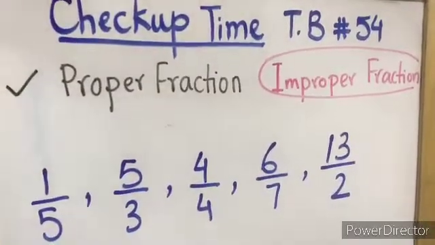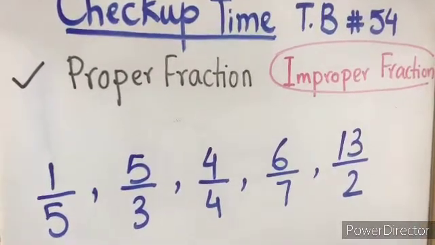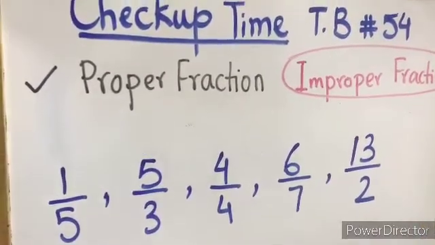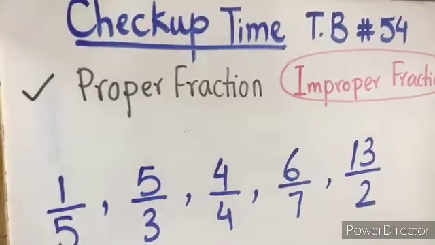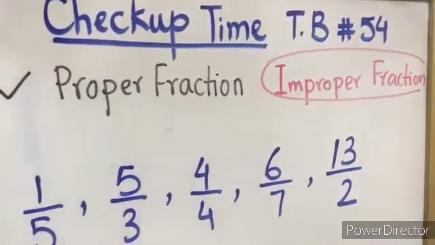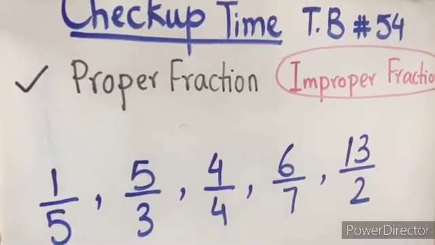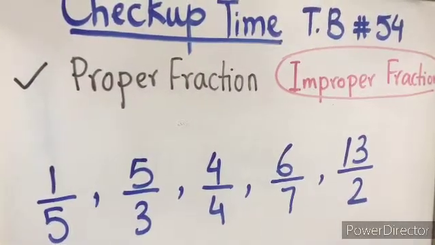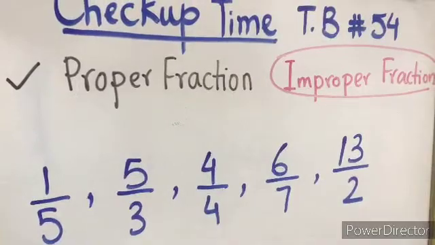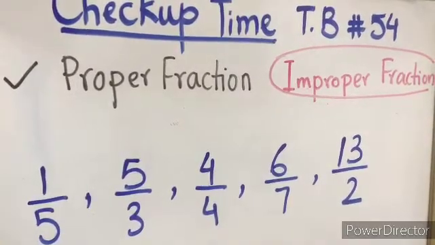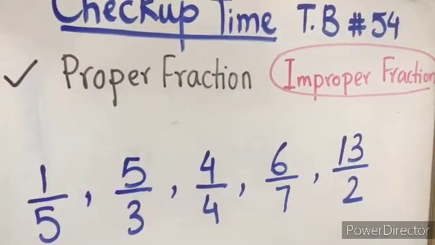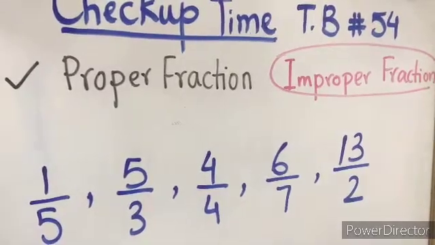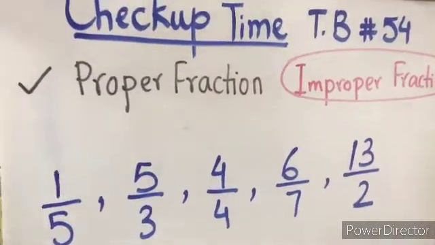Yes, students. So I hope all of you have done this. First of all, I will remind you what is proper fraction and what is improper fraction. Proper fraction is that in which the numerator is less than the denominator. And improper fraction is that in which the numerator is greater or equal to the denominator. So here you go.